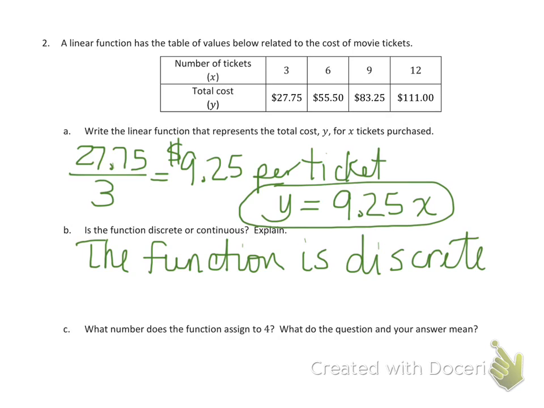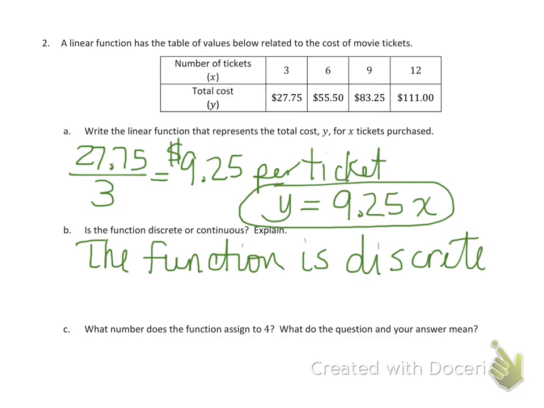All right, and the last question here. And again, we're just learning all of this function vocabulary and getting used to talking about functions. For that matter, the description for this one would be the total cost of movie tickets is a function of the number of tickets purchased. Okay, they're not asking us to write that, but that's what it would be. What number does the function assign to 4?